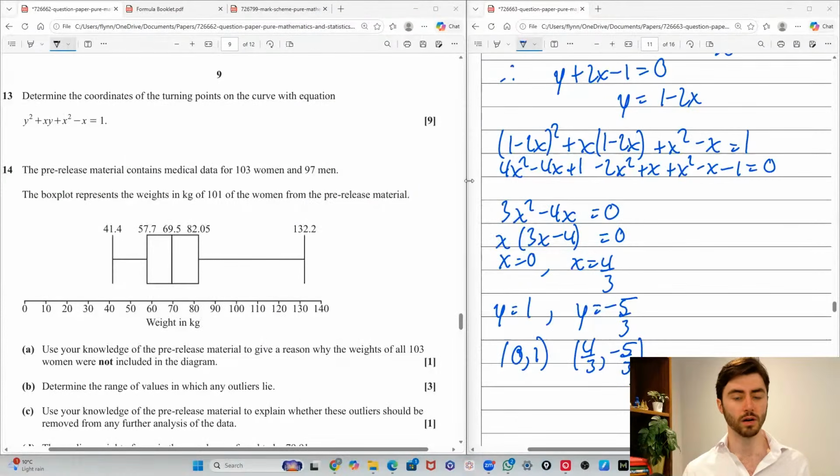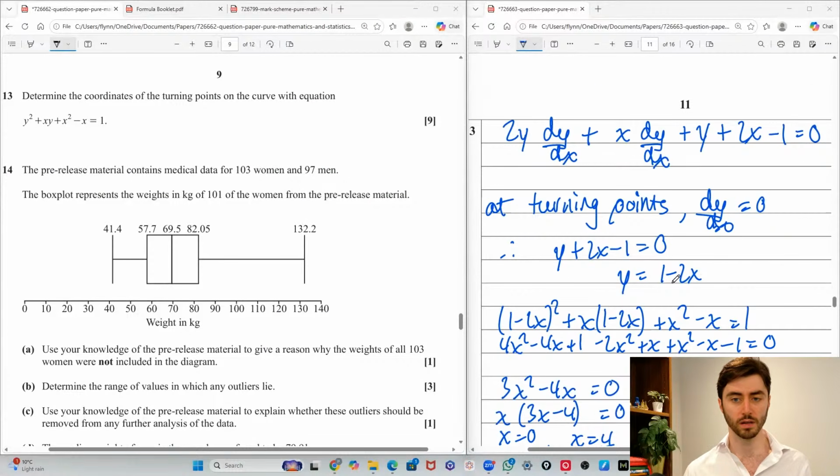And are they turning points? Well, differentiating implicitly, d of the first times the second plus the second times d of the first, plus dy dx, equals 0. Good.